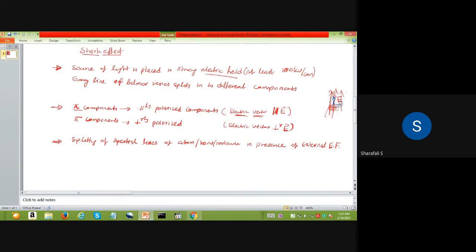So depends on this, its polarization will be different. So if that electric vector is parallel to this external electric field, then it is called as the pi components. And if it is perpendicular to the external electric field, then it is sigma components. Or the pi components will be having polarization in such a way that which are parallel to the electric field, parallelly polarized. But in the case of sigma components, these are perpendicularly polarized.